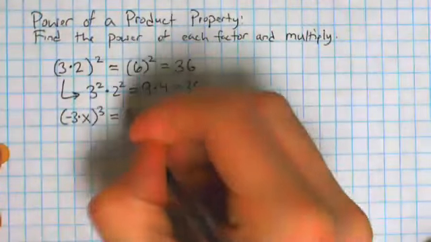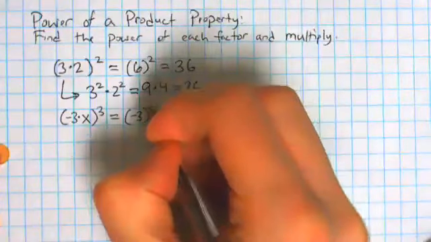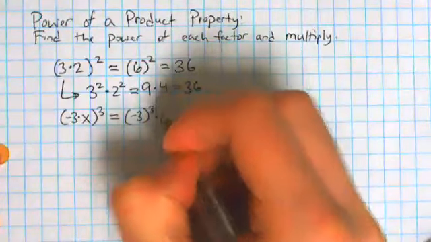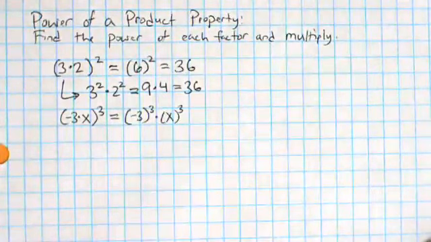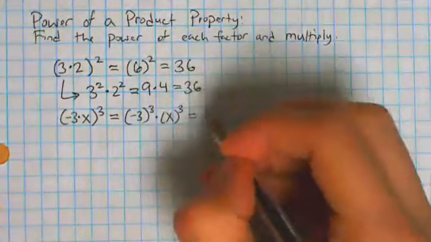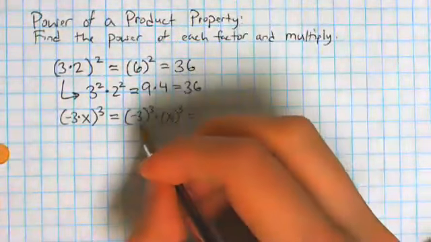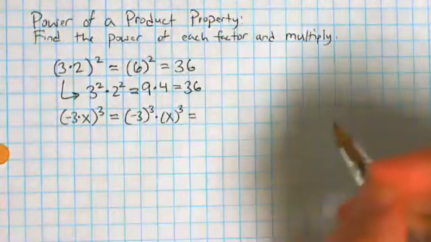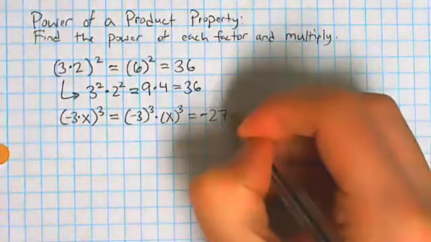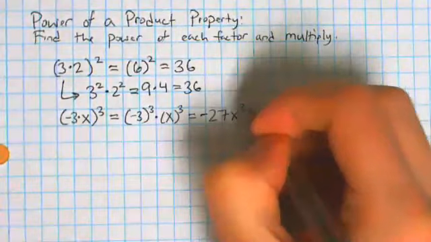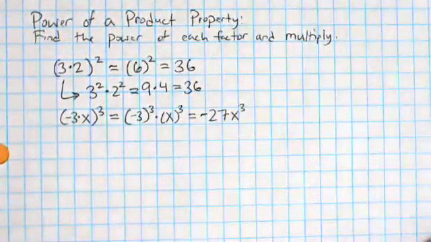And that would give us negative 3 cubed times x cubed. Now, negative 3 cubed is negative 3 times negative 3, which is a positive 9, times another negative 3, which is negative 27. And x cubed is just x to the third.